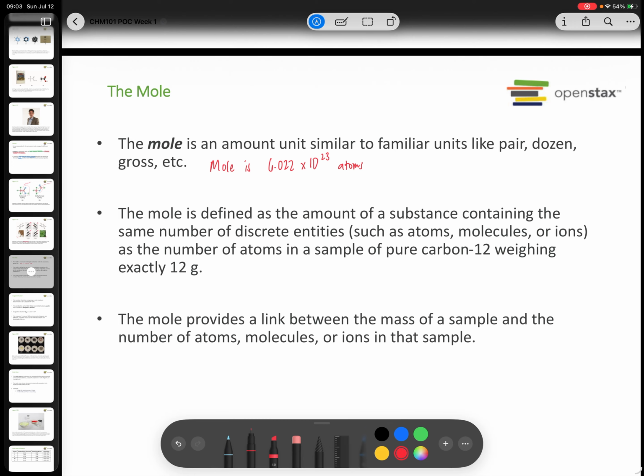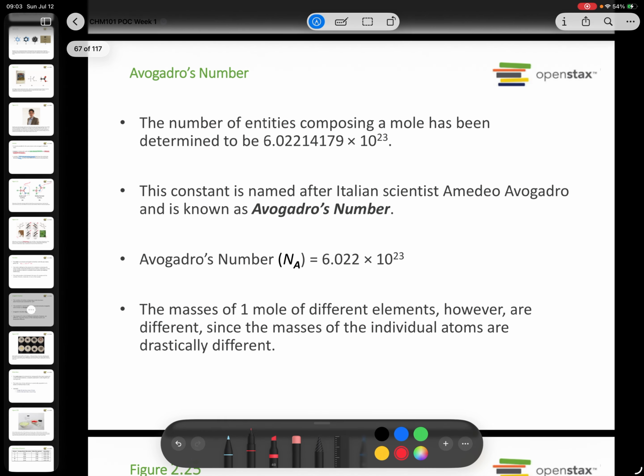So, the objects can be, yun nga, sinabi ko na, atoms, molecules, ions, or formula units, no? So, the mole is defined in relation to carbon-12 and provides yung bridge between the microscopic world of particles and the macroscopic world of grams, no? Which can be measured sa laboratory. Okay?